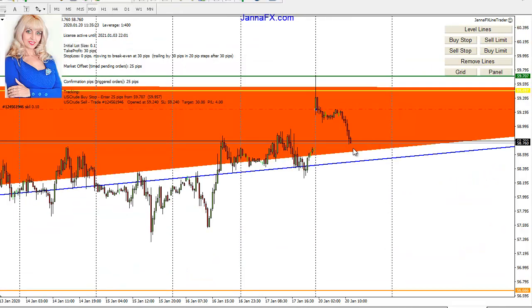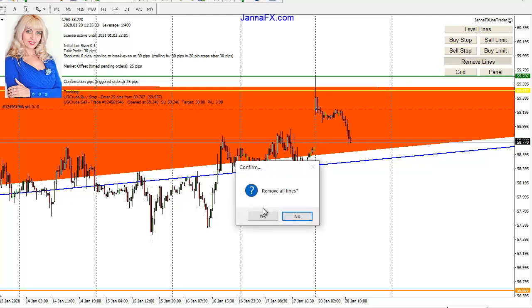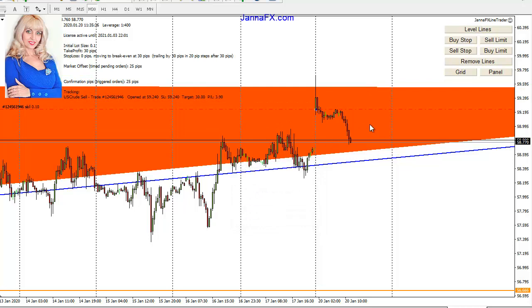It is morning, so this is US crude oil. As you can see, as expected, the pair decided to close the gap. So now I can remove the levels and also the opposite order, and I can move the stop loss into a profitable position.